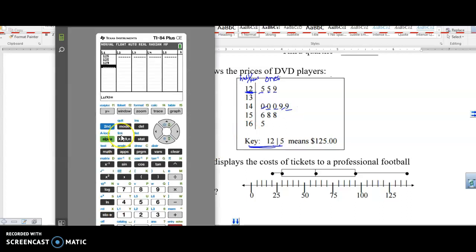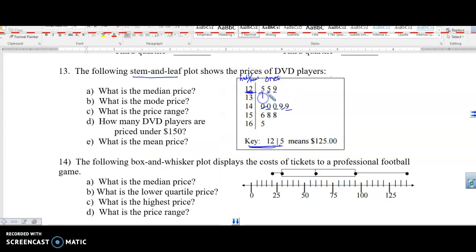So those are the ones you're going to put in there. Then if we go down to 15, we have 156, 158, 158. And then if we go down to the 16, we have 165. Each of the ones positions here are individual numbers.